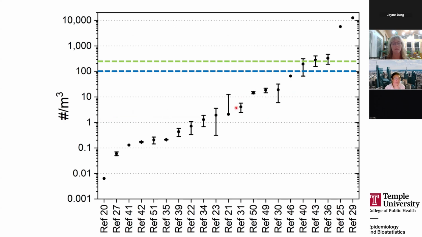Yeah, so the blue line is about the microplastics we detected so far in the Philadelphia outdoor air from our campus study. And the green line is the microplastics levels we found in these dry cleaning and laundry shops. It seems higher at this moment because it's more on the right side of this figure.